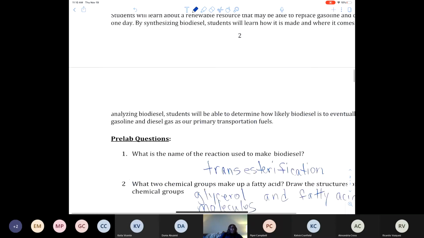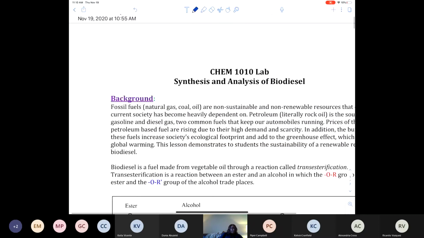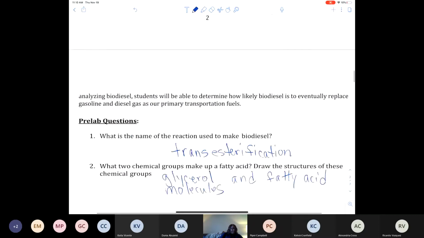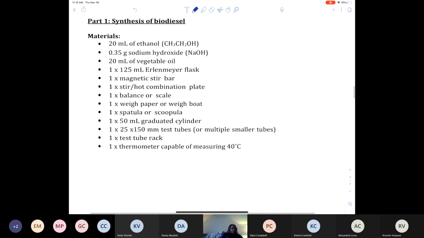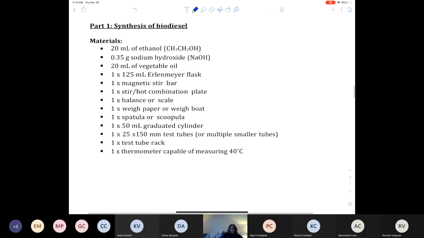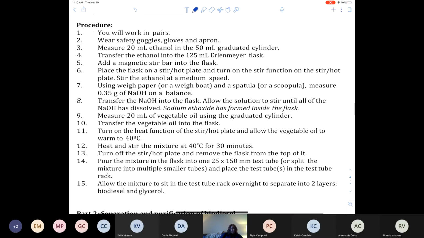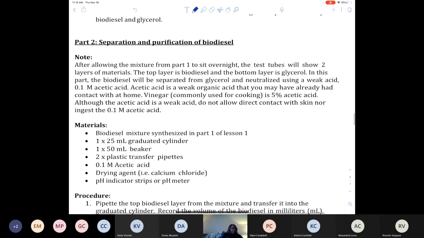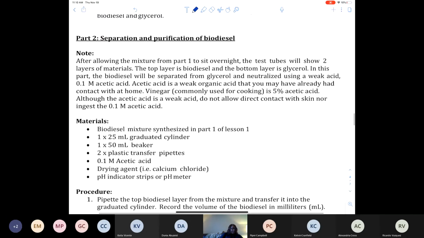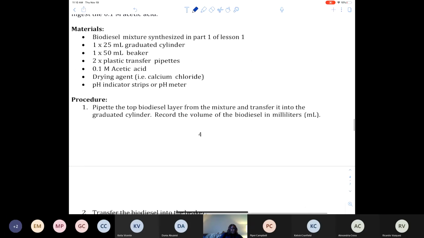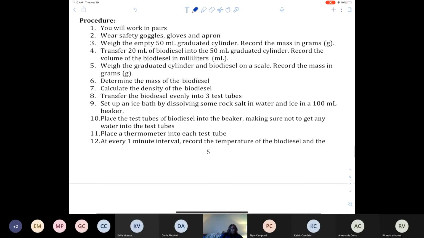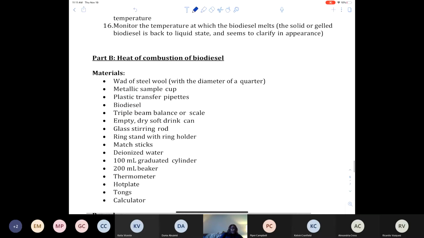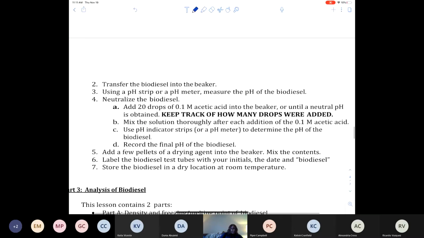And so you should have read this document, which includes the procedures. Each of these procedures you're going to view via video, as well as view some pictures of some very important data that you need to write down on your data sheet. I'm hoping you did your due diligence and read this document prior to lab.